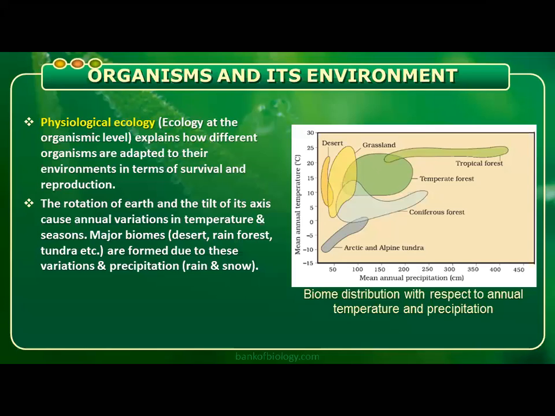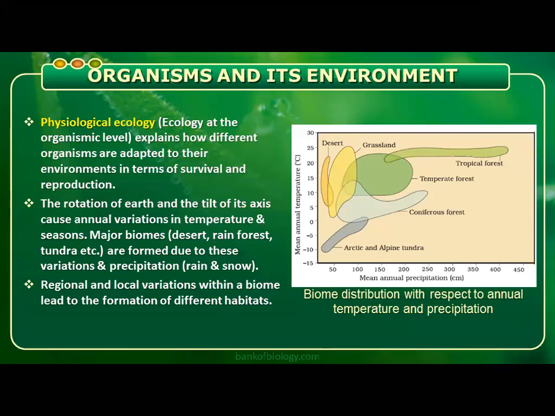The rotation of the Earth and the tilt of its axis cause annual variations in the temperature and seasons. The major biomes like desert, rainforest, and tundra are formed due to these variations in temperature and precipitation.